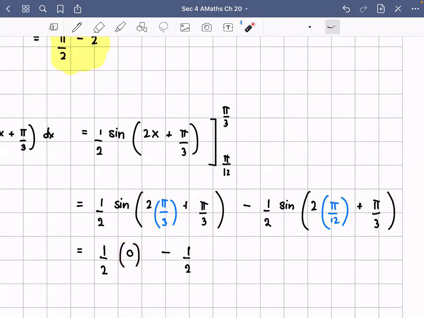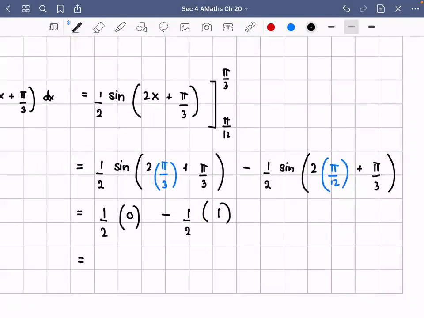Sine of pi over 6 plus pi over 3, so this is equal to 1. So therefore, what's your answer here? Your answer is simply -1/2.